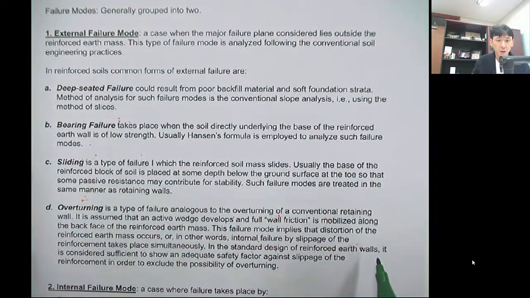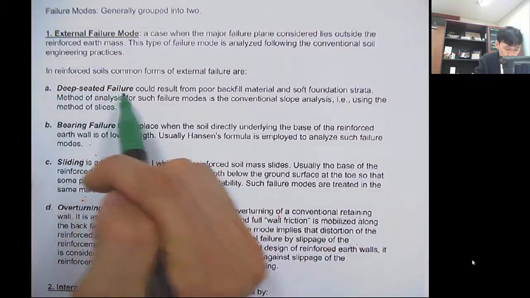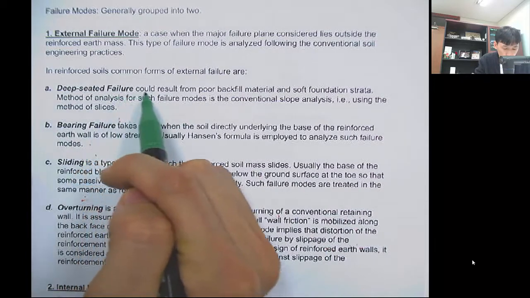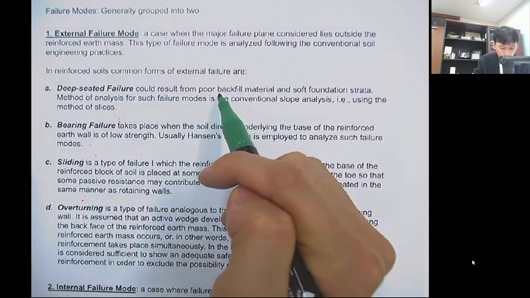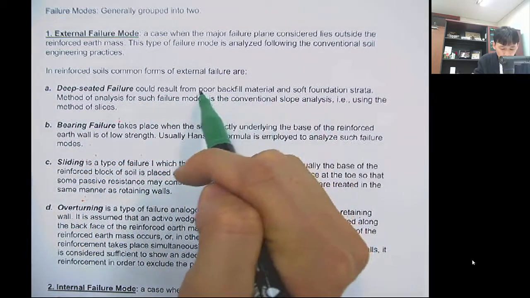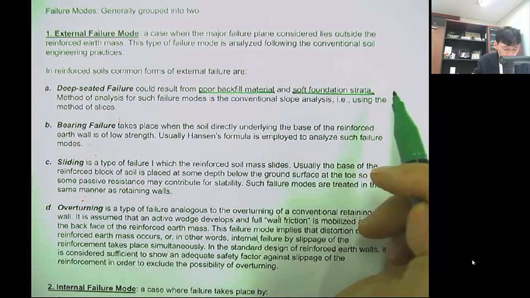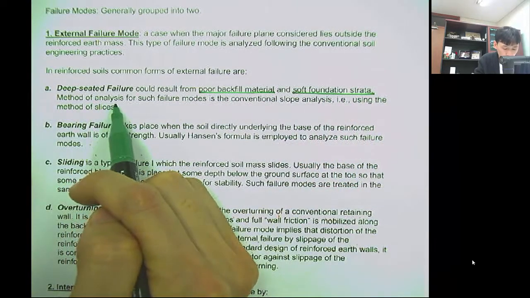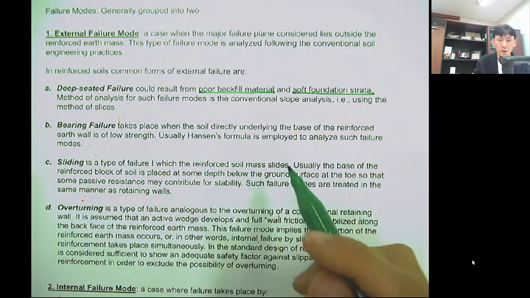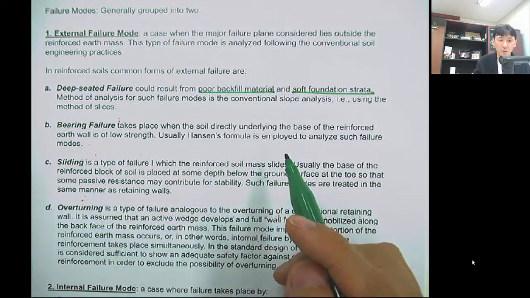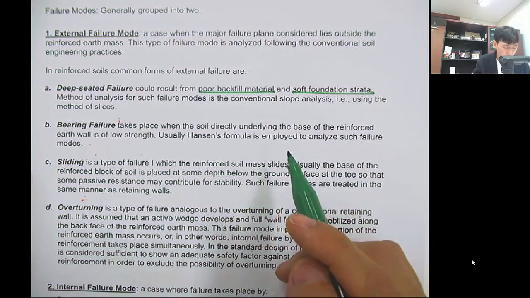The common forms of external failure: one is deep-seated failure, which could result from poor backfill material and soft foundation strata. Methods for this failure mode are conventionally slope analysis using the method of slices.